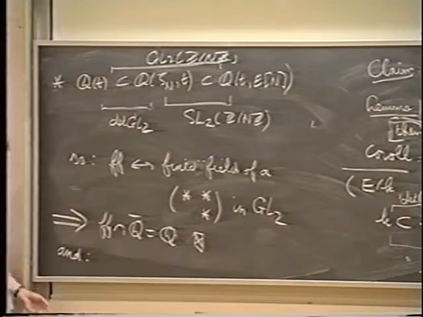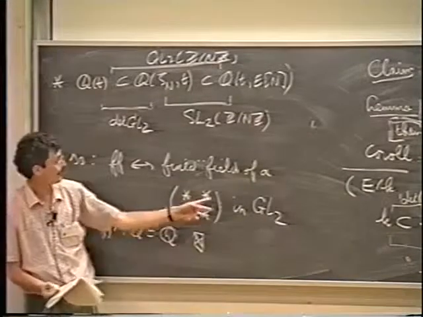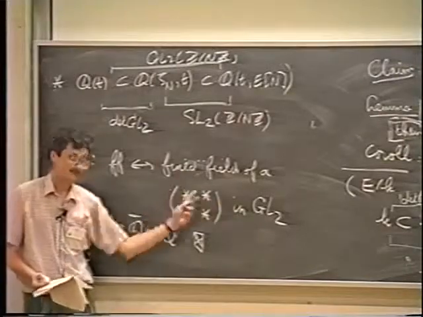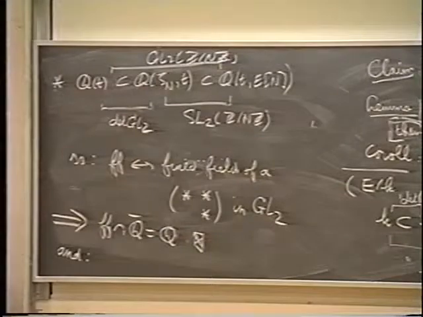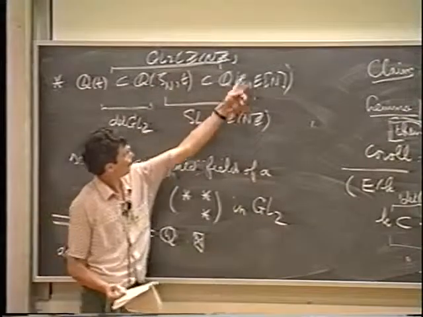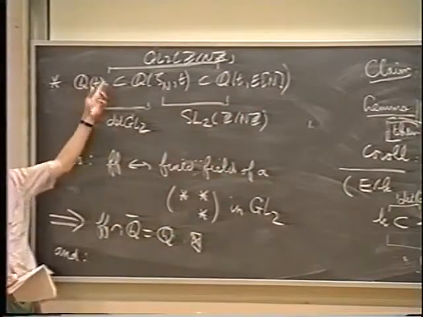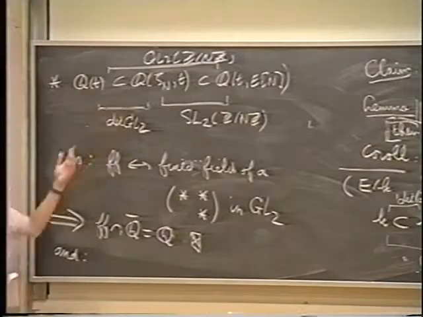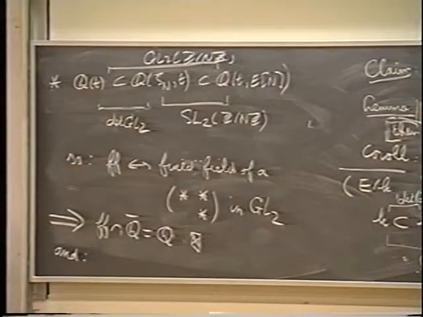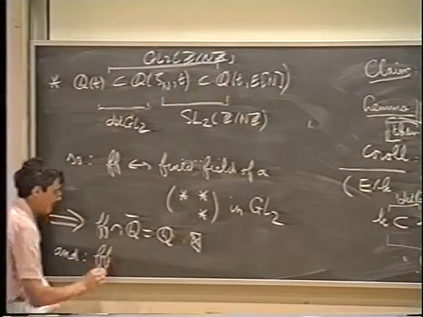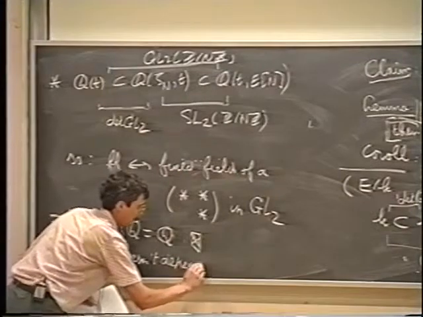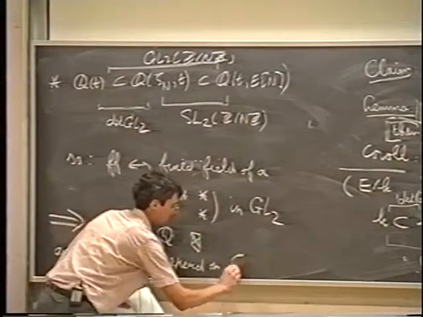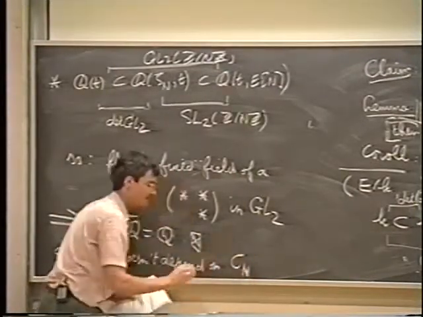Because if I had taken another subgroup, then I had just conjugated this group here inside this GL2. So up to a Galois isomorphism which fixes Q(t), which means up to Q(t)-isomorphism, this extension is just one fixed extension. So the function field doesn't depend on the C_n chosen.